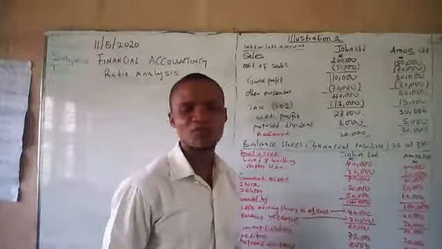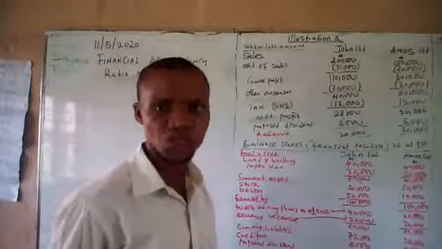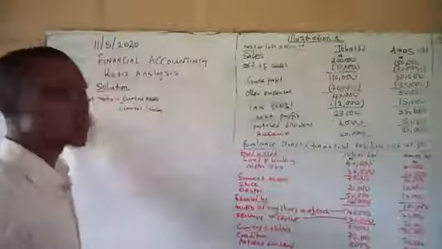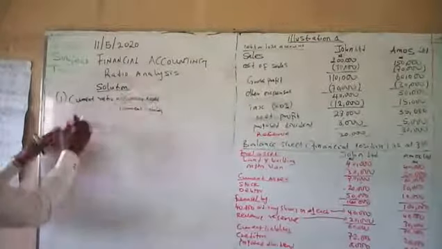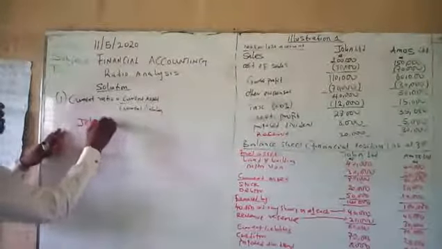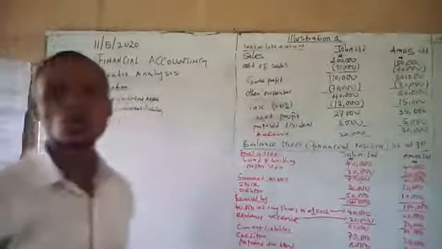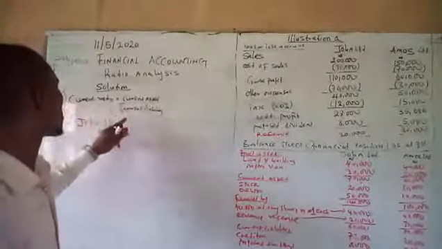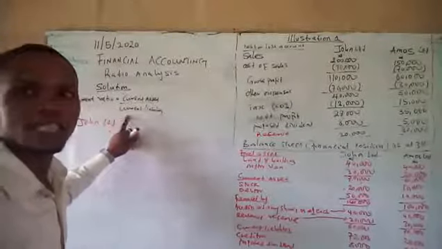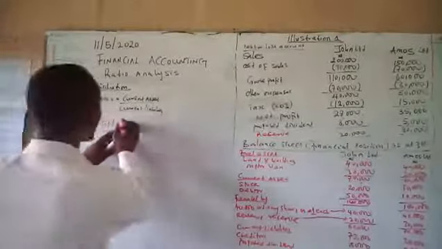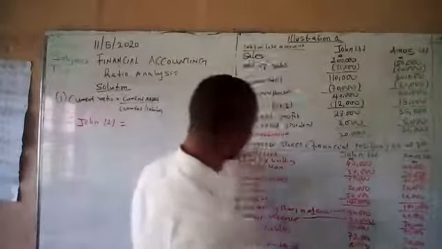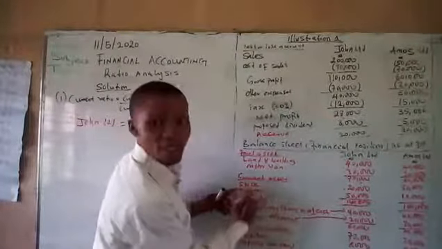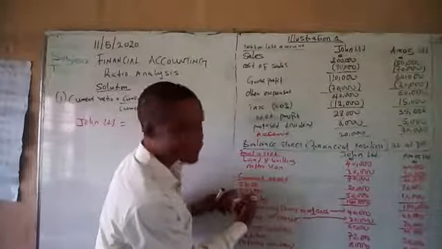Now let's look at the first one, which is current ratio. The first company is John Limited. What is the formula for current ratio? Current ratio is equal to current asset over current liabilities. Coming to John Limited in the financial position, we have the current assets, inventory and account receivable.